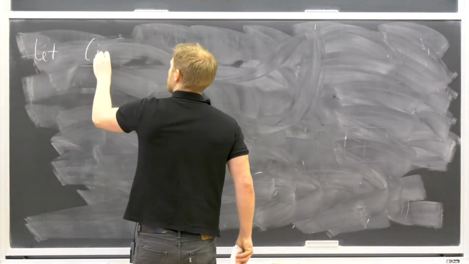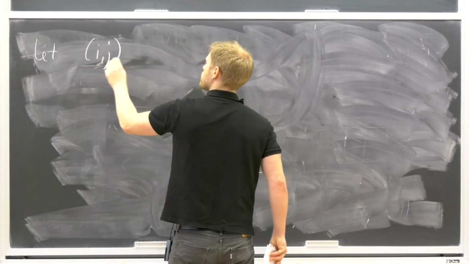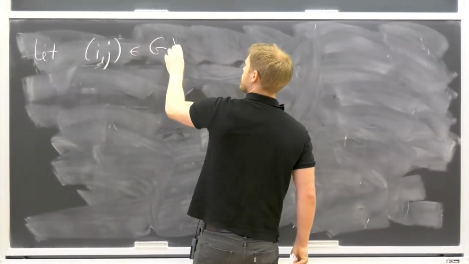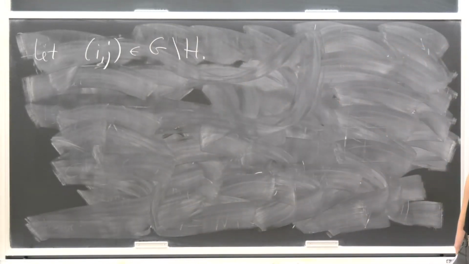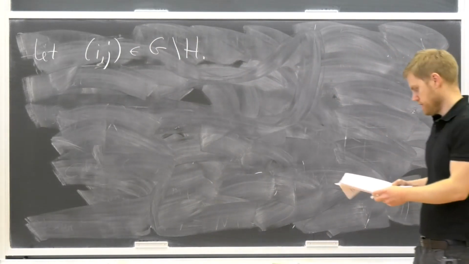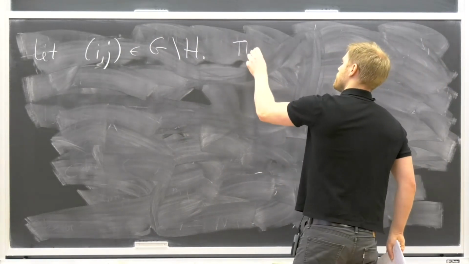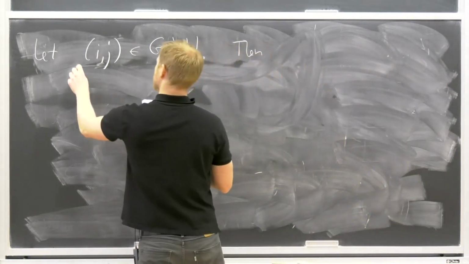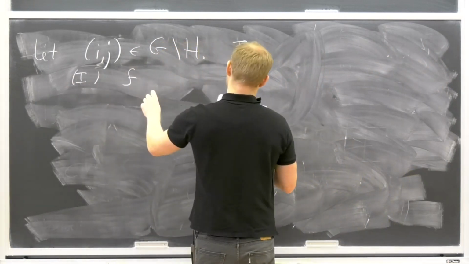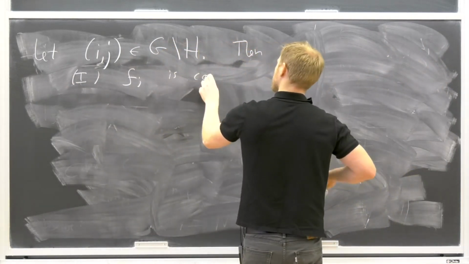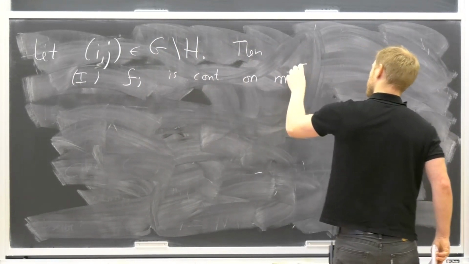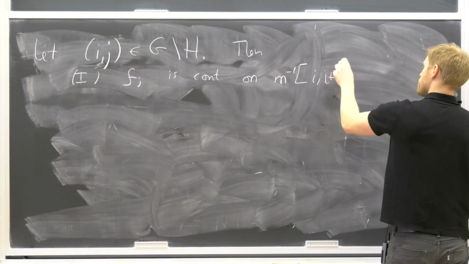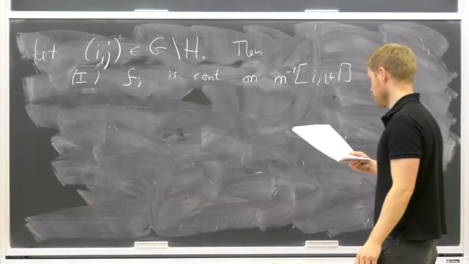Take one of these ij's and suppose this is in G, but not in H. So the minimum function above this line coming from J is continuous, but it leaves the box. Then, just to sum this up again, we know, as I said, Fj is continuous on this box.